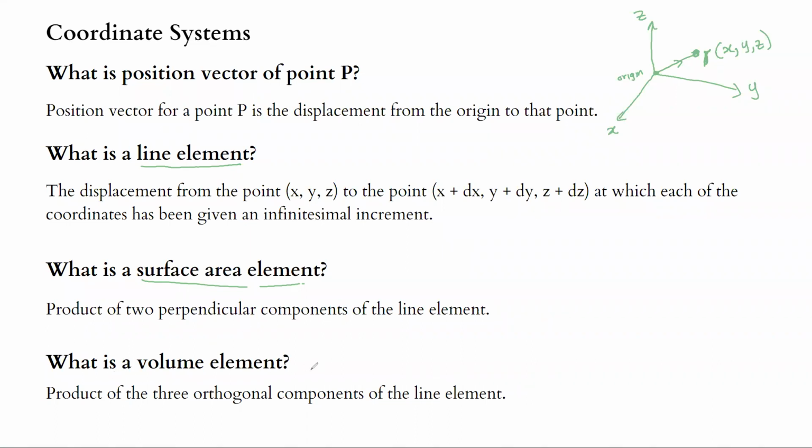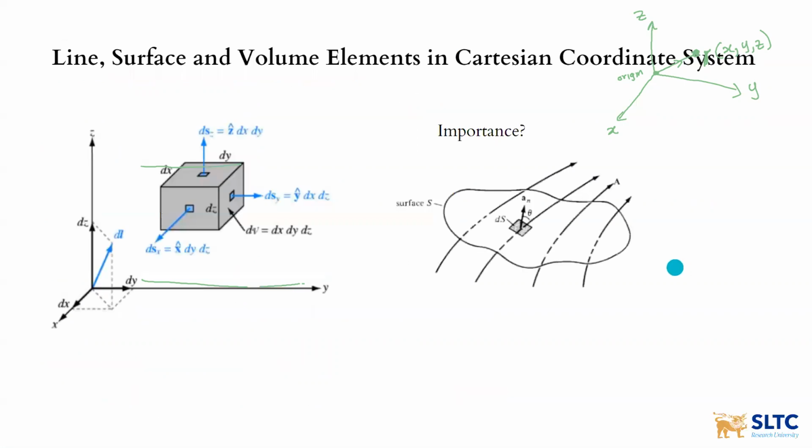And the volume element is the volume that we create when we move an infinitesimal distance from a selected point to another point. The volume element is taken by taking the product of three orthogonal components of the line element. Let's see whether there's a diagram already.